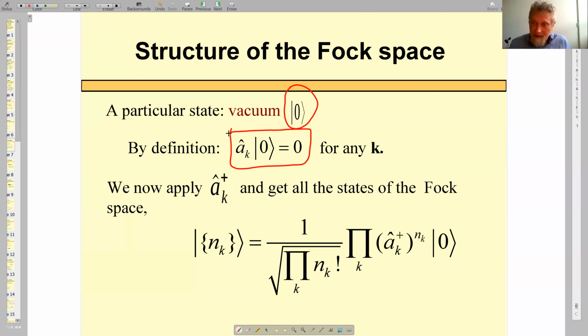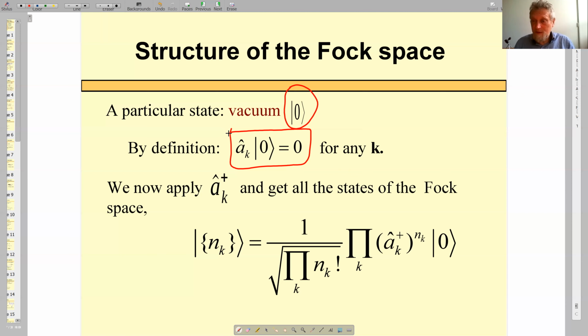It's also rather physical. One cannot annihilate anything in a vacuum. There's nothing to annihilate. So for all annihilation operators, if it works on the vacuum, the result is zero. Usually, if you take an operator and work on a wave function, you expect a vector, which can be normalized, which can be a wave function itself.